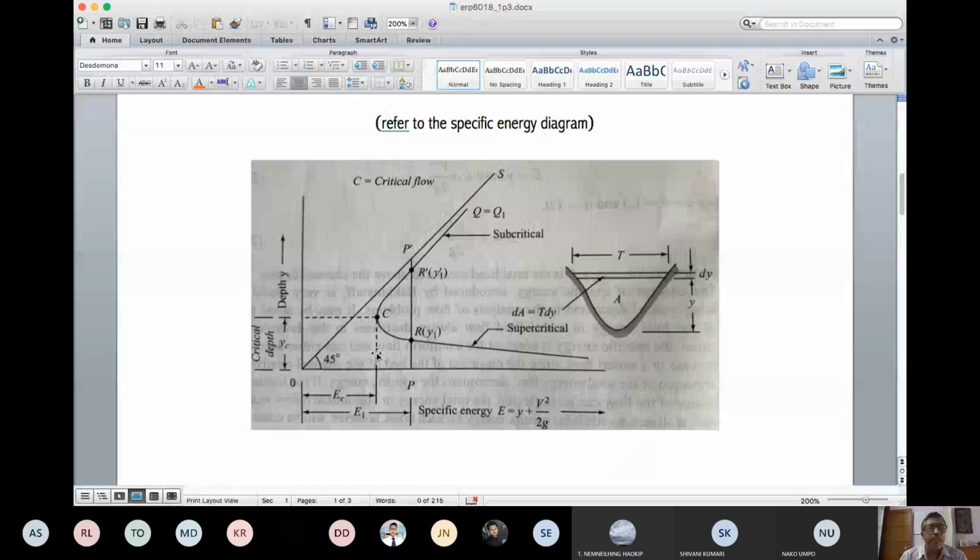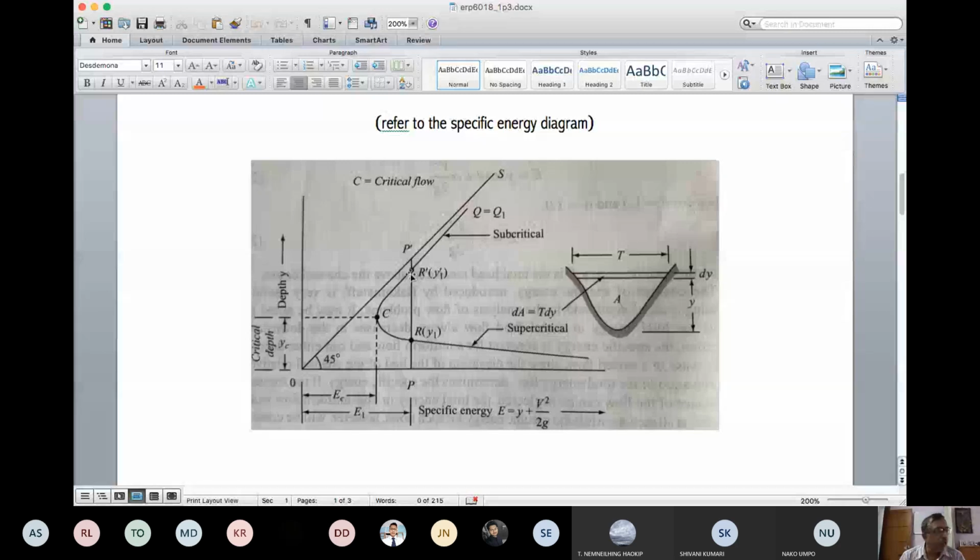When there is a positive hump and the flow is subcritical, then downstream of the hump, whatever the upstream depth was, the depth will go on decreasing, as you can see from here. The flow depth, measured from the bottom, will be decreasing.